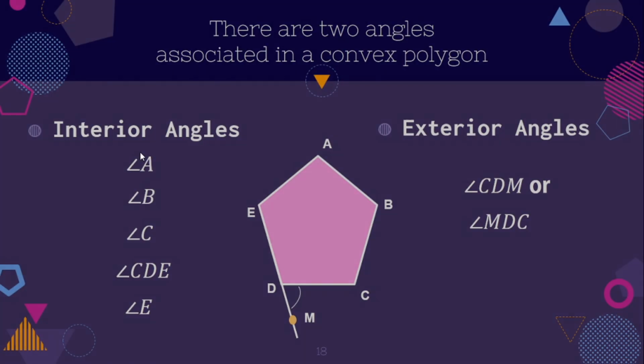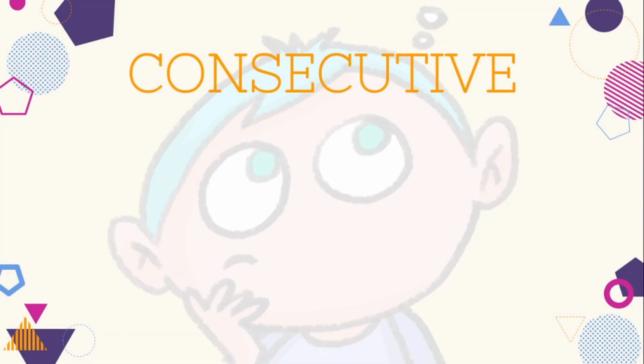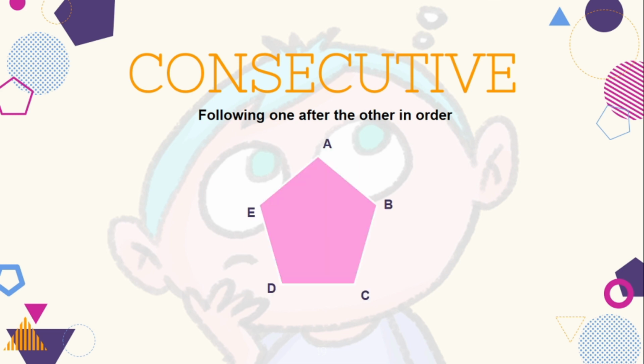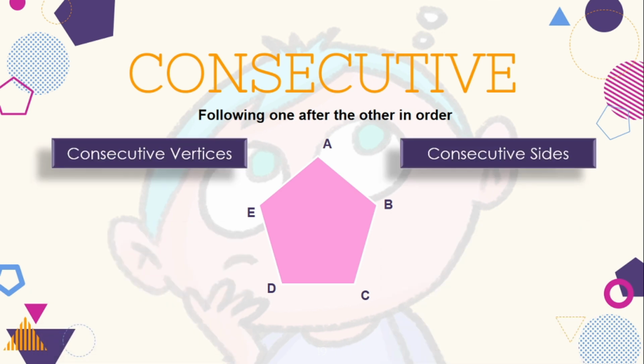Now, let's talk about consecutive. Ano ba pag sinabi natin consecutive? This is following one after the other in order. So, ibig sabihin, magkasunod siya. Okay? So, in a polygon, meron tayo diyang magkakasunod na kino-consider. So, I have here the pentagon A, B, C, D, E. So, I have here consecutive vertices and consecutive side.